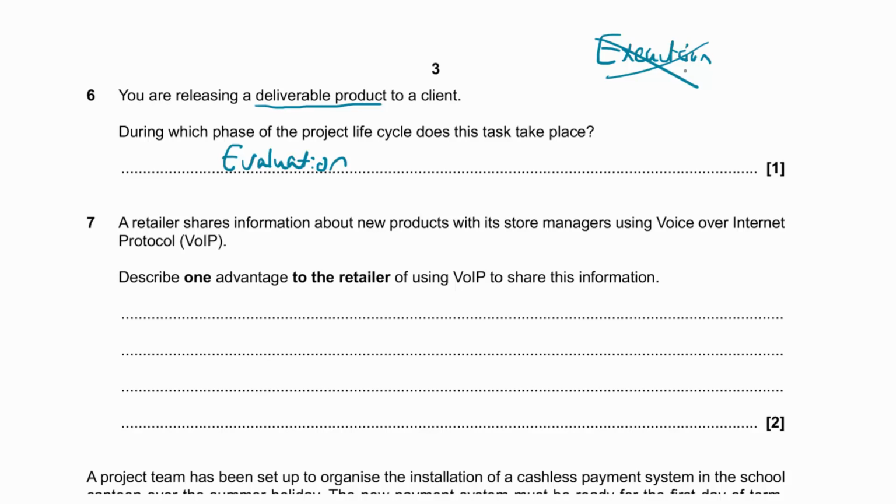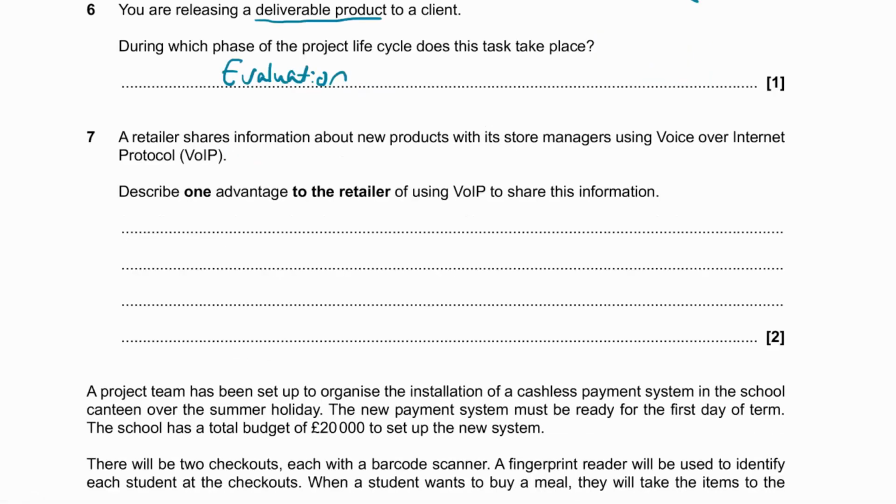For question 7, we've got a retailer sharing information about new products with its store managers using Voice over Internet Protocol, shortened to VoIP. And we need to describe one advantage to the retailer of using VoIP to share this information, which is really important because we could talk a lot about the managers or about customers or about families talking over Skype, but actually this is about the retailer, this little scenario here.